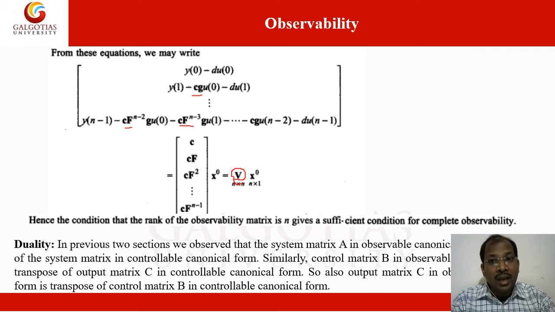Suppose a system is represented in the controllable form, and we are representing another system that is observable. The system matrix A in controllable form and in observable form are the same, but the input matrix is different. In controllable form it is the input matrix, and in observable form it is the output matrix. We have to transpose, so C and B are just interchanged. That is called the duality of the system.